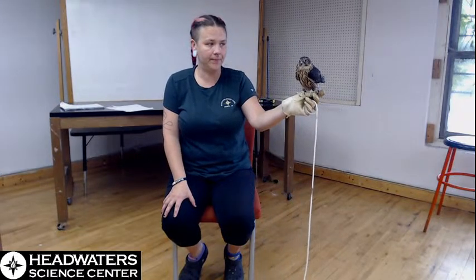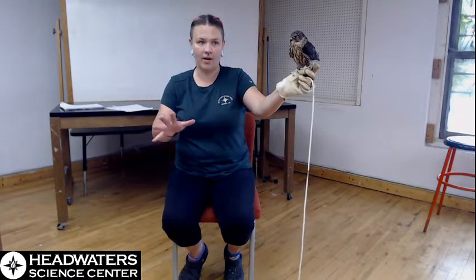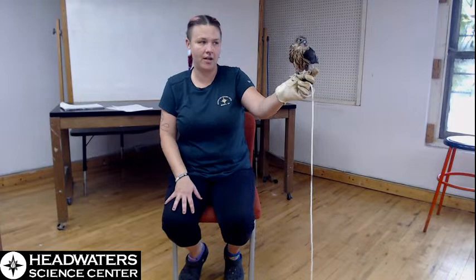This is just one example of a falcon. Another very popular falcon is the peregrine falcon, which happens to be the fastest animal on the planet overall. The fastest land animal is a cheetah, but overall, the peregrine falcon is the fastest.